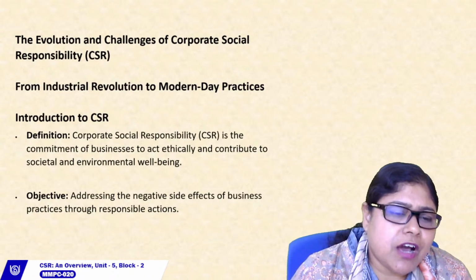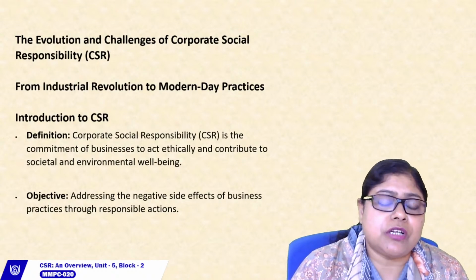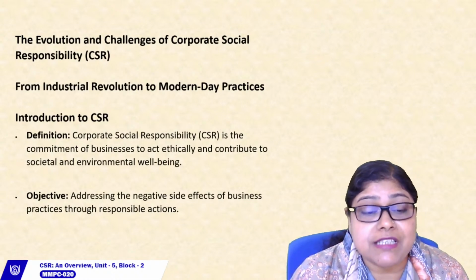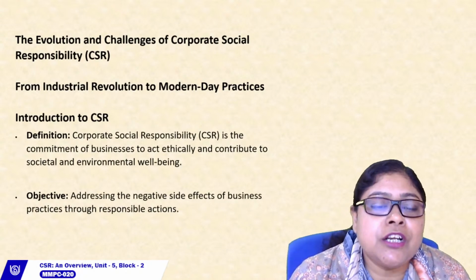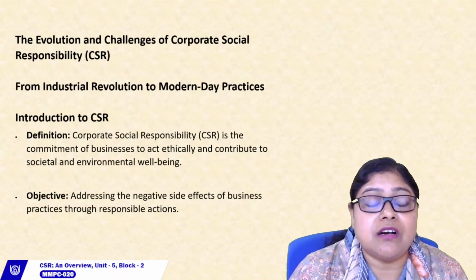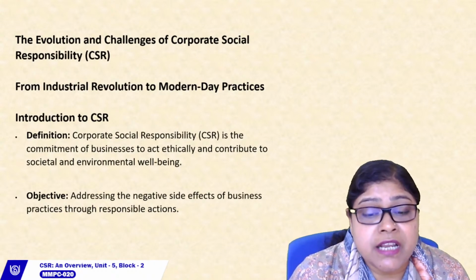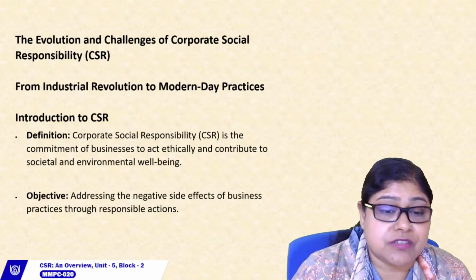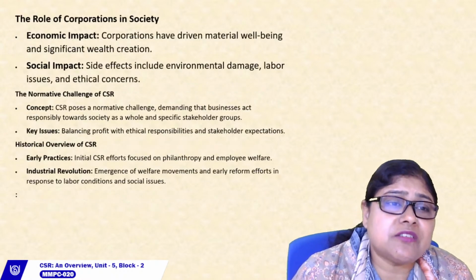When I pollute the environment, obviously the society will complain about the pollution, but I should be ready with different strategies such that I can combat it, reduce it, and address it. So one of the important objectives of CSR is addressing the negative side of business practices through responsible actions.